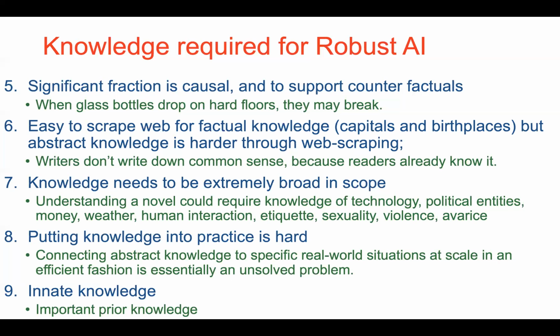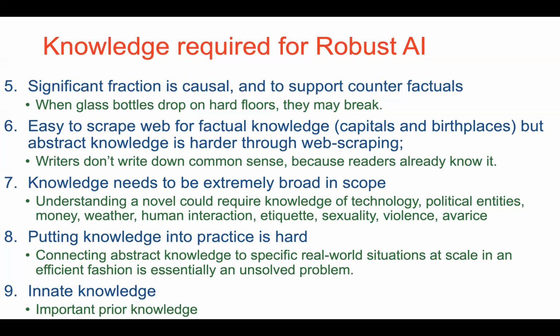I don't know exactly which city in Kentucky, but he was born in Kentucky. But abstract knowledge is harder through web scraping. Okay, so you can get factual knowledge. What is the capital of New York State? We scrape the web and it says, oh, okay, Albany is the capital.